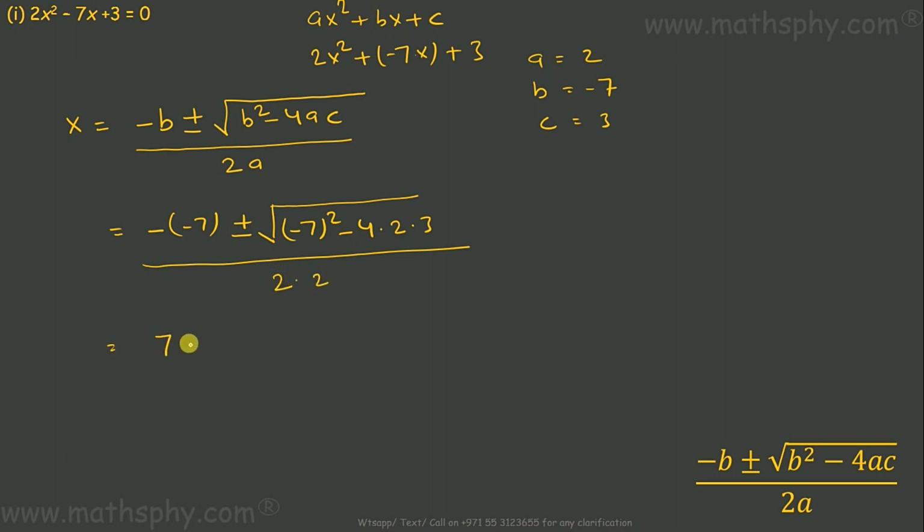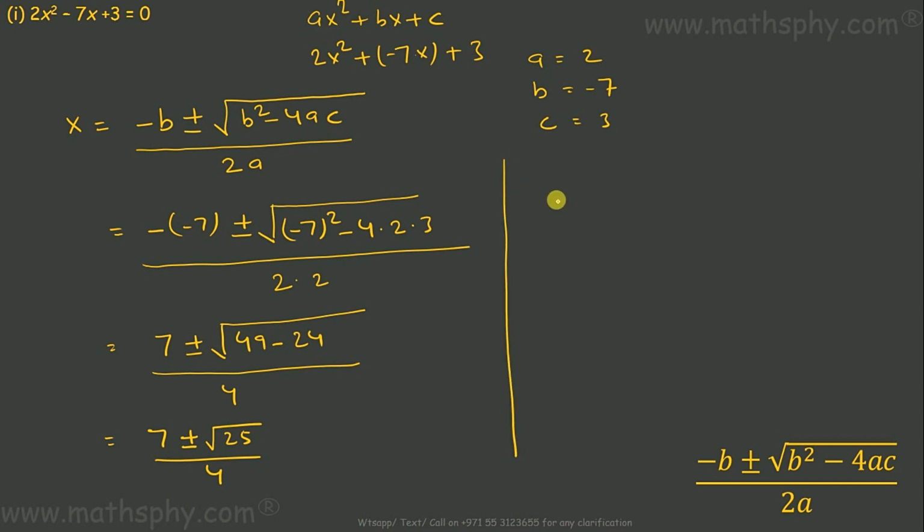This will be positive 7 plus minus root, root 7 whole square gives you 49, minus 4 into 2 into 3 will be 24, over 4. So this will be 7 plus minus root 25 over 4. So this will be 7 plus minus 5 over 4.